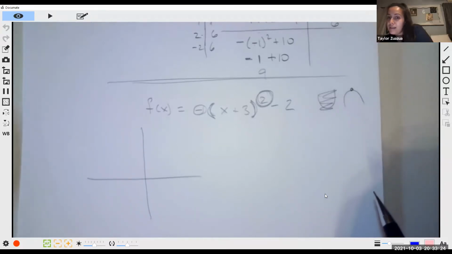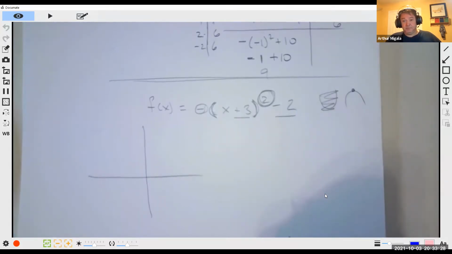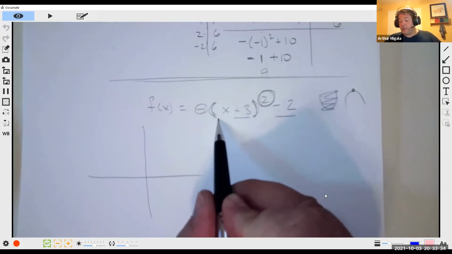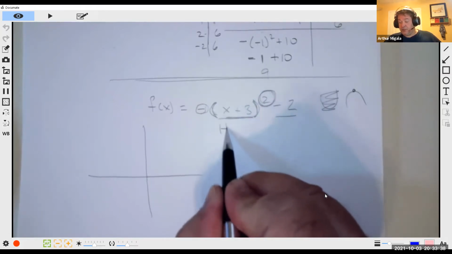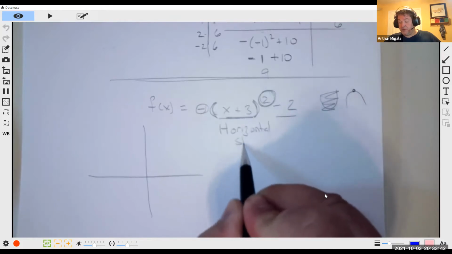That's where these tell us, the 3 and the 2. Remember from chapter 2, whatever happens inside the parentheses is called the horizontal shift.